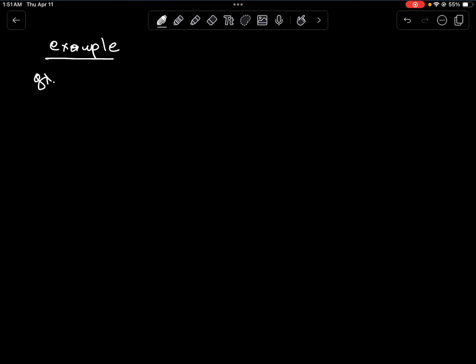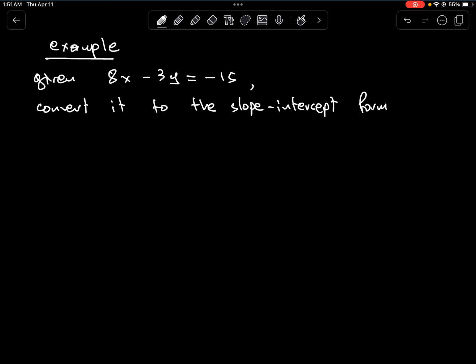You have given 8x minus 3y equals negative 15. Convert it to the slope intercept form, which is y equals mx plus b, and more than likely this is not going to be given to you, so you need to know what the slope intercept form looks like.